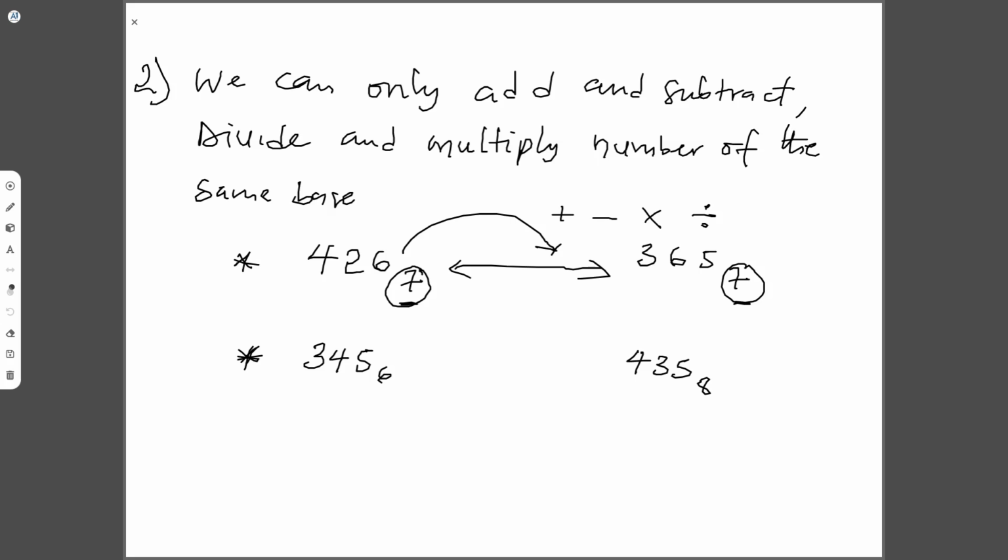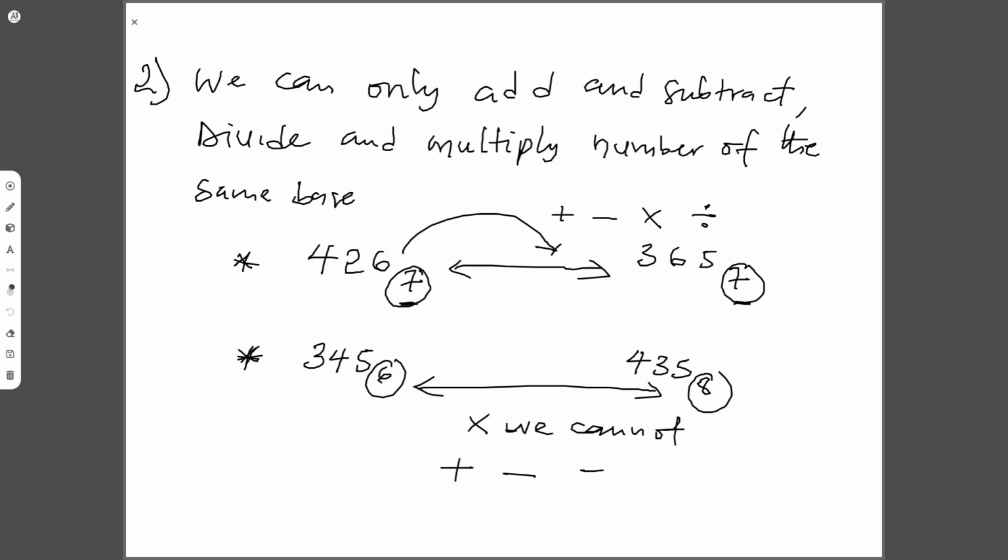The next number here is expressed in base 6, and this is expressed in base 8. For these two numbers, we cannot add, subtract, divide, or multiply.